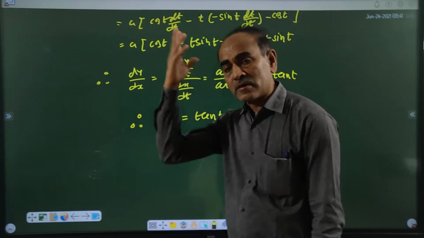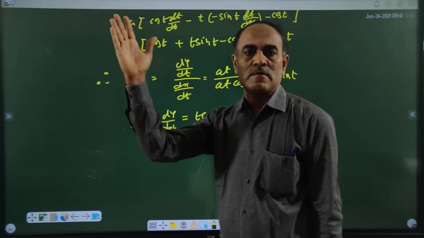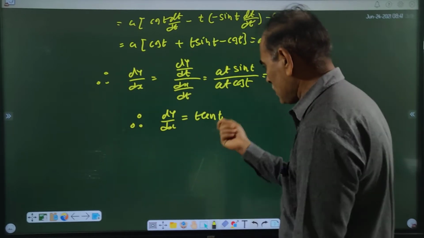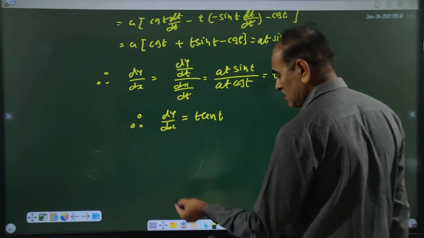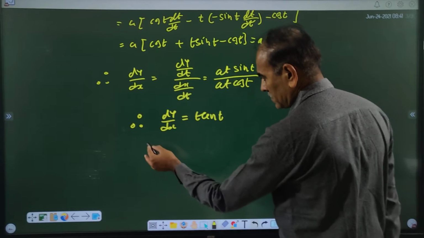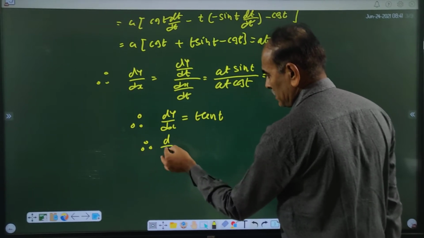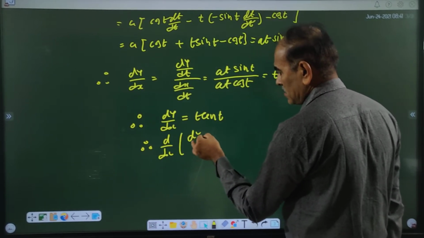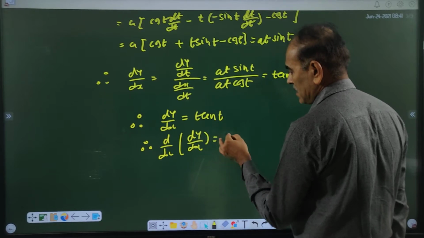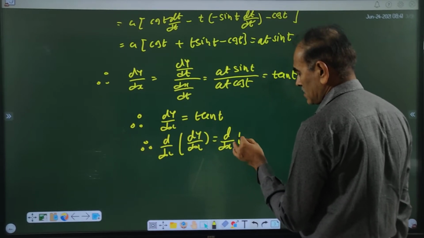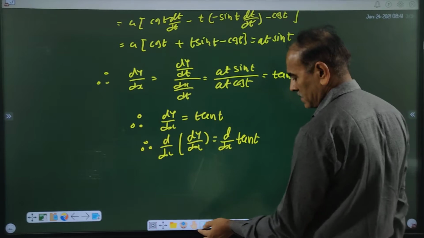At the same time we also discussed the second derivative. So we want the second derivative with respect to x. So d by dx of dy by dx is equal to d by dx of tan t.